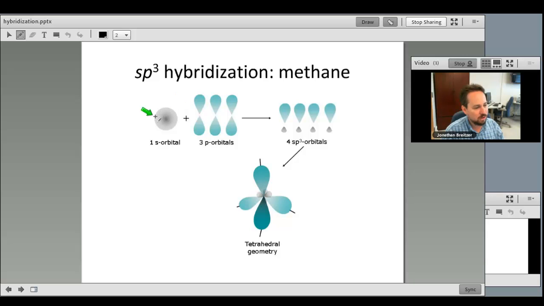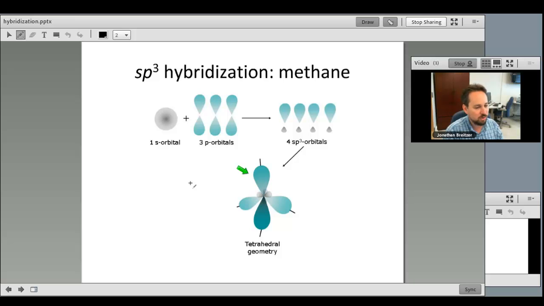And the s orbital and the 3 p orbitals come together to make what are called sp3 hybrid orbitals. These are 4 orbitals that are 1/4 s and 3/4 p in character. And so they end up looking kind of like an s and kind of like a p. And they point along 4 directions, arranged in such a way that they're as far apart from each other as you can possibly get.